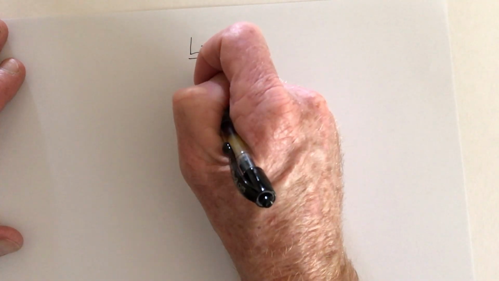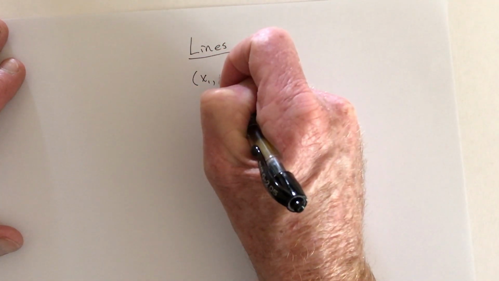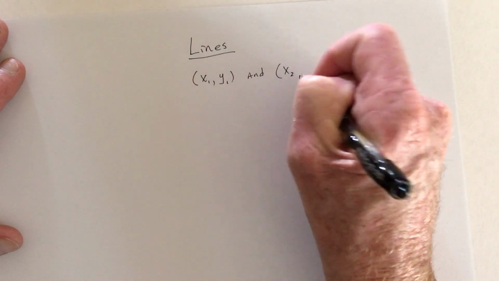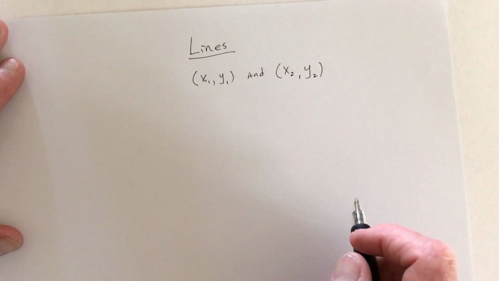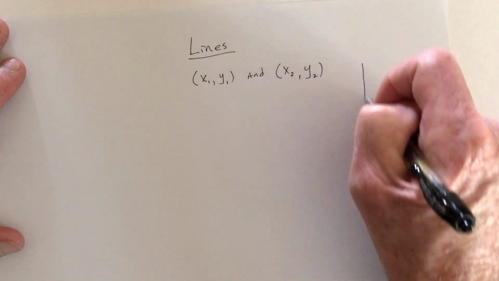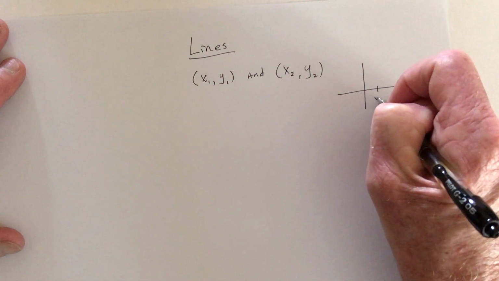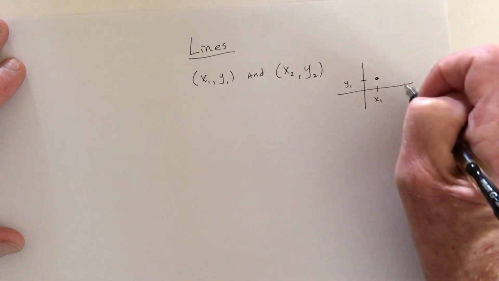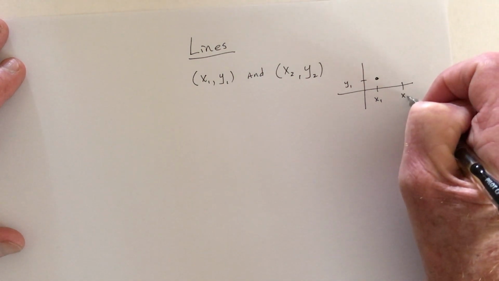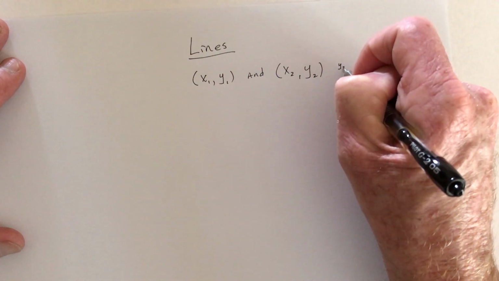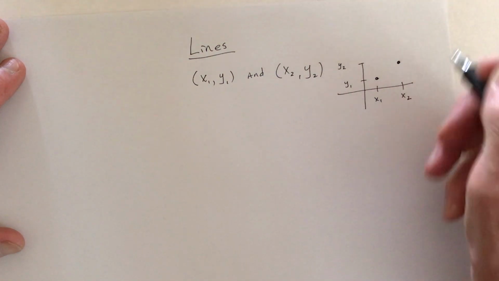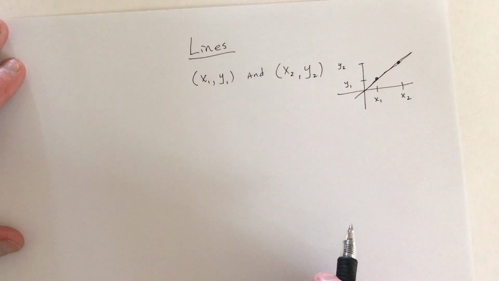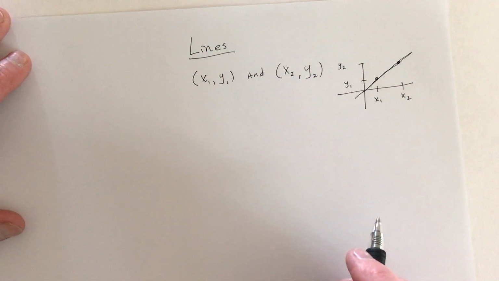So if you have 2 points, which I'm going to call x1 comma y1 and x2 comma y2, that's basically saying if you went to x1 and y1 and made a dot, and then you go to the second point, x2 and y2, and made a dot, then there's only going to be one line that goes through there, and we're going to find the equation of that line. So that requires 2 steps.